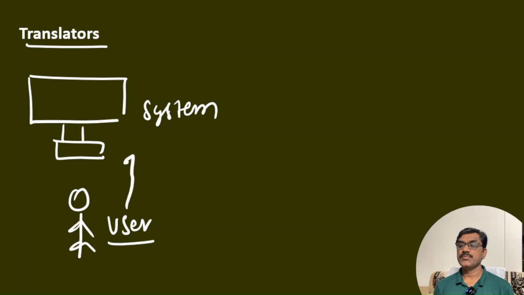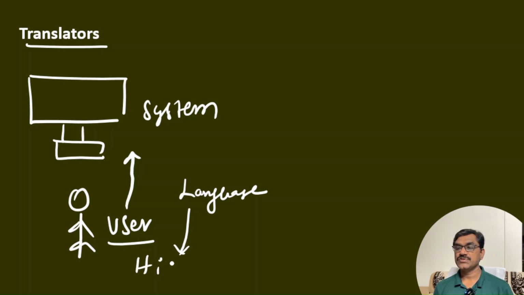The user wants to communicate with the system, so for this communication, we need a language. That language we call a high level language. That means the user is going to give instructions to the system by using a high level language. That is very, very important.